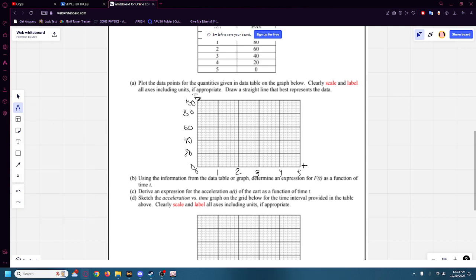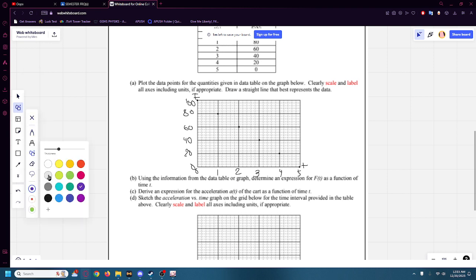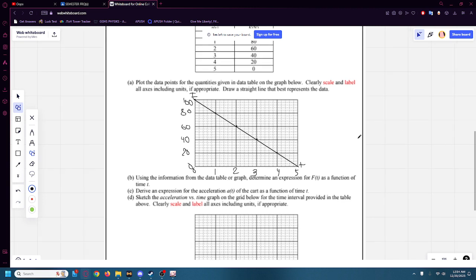Then I have to draw a straight line. And that is the chart for part A.